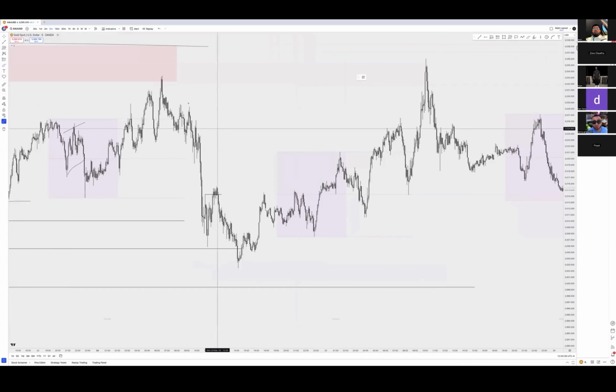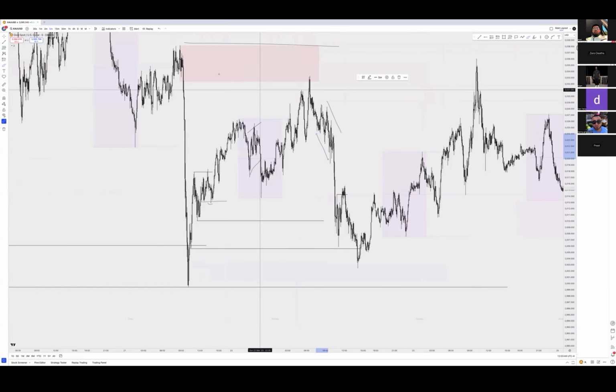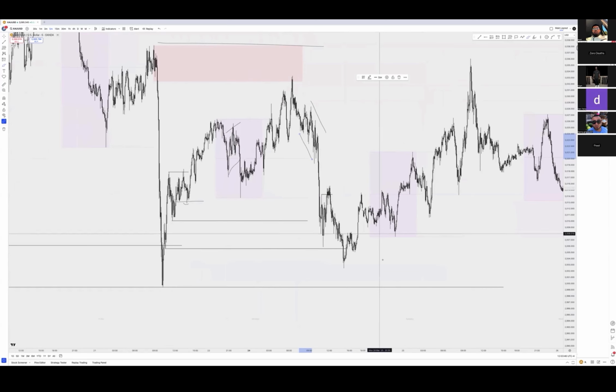So any reactions from here, honestly, are just a trap, right? Because now it looks like after taking out this and it starts moving to the upside, longs look good towards this liquidity right above. And then what ends up happening?